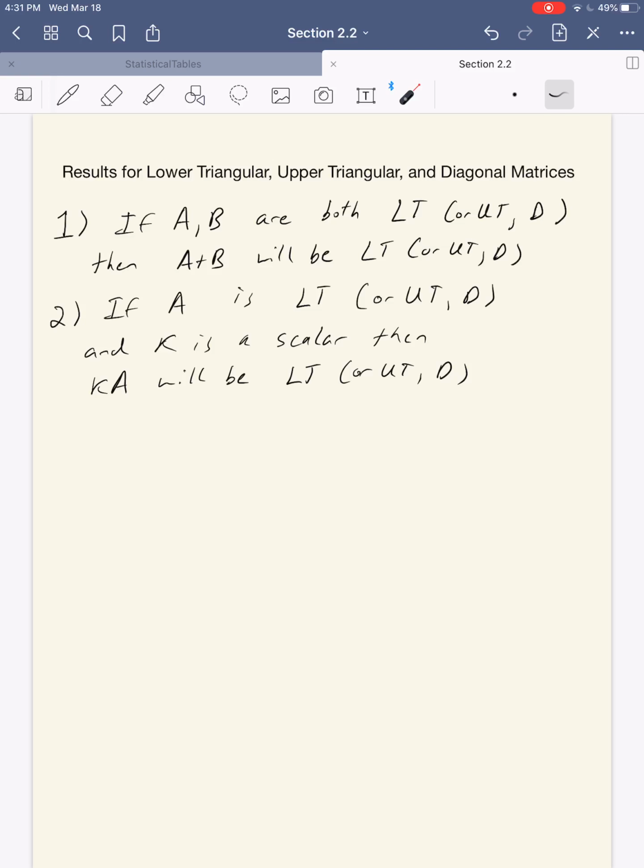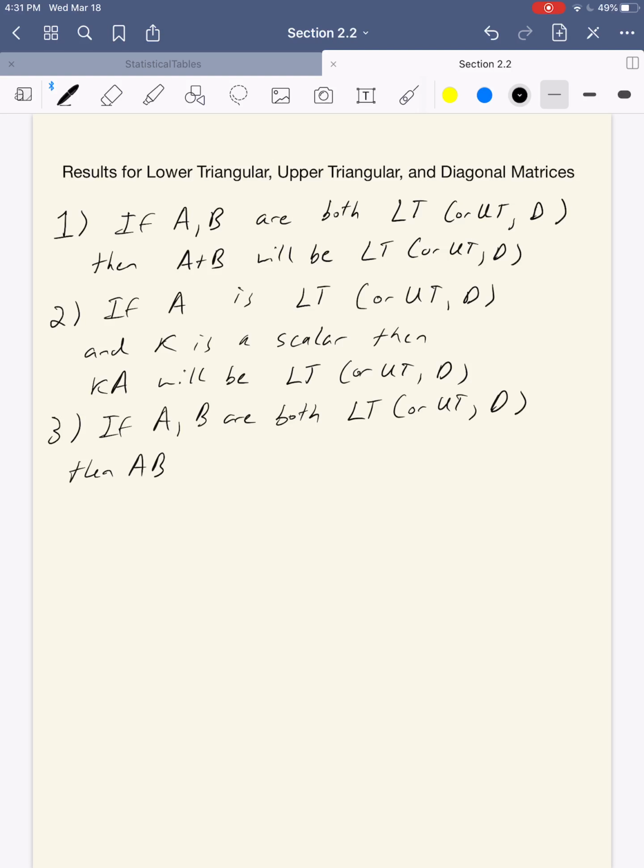So this is just saying that if you start with a matrix A and it's lower triangular or upper triangular or diagonal, then multiplying it by a scalar will keep it in that same form. Finally, if A, B are both lower triangular or both upper triangular or both diagonal, then AB will be lower triangular or upper triangular or diagonal.